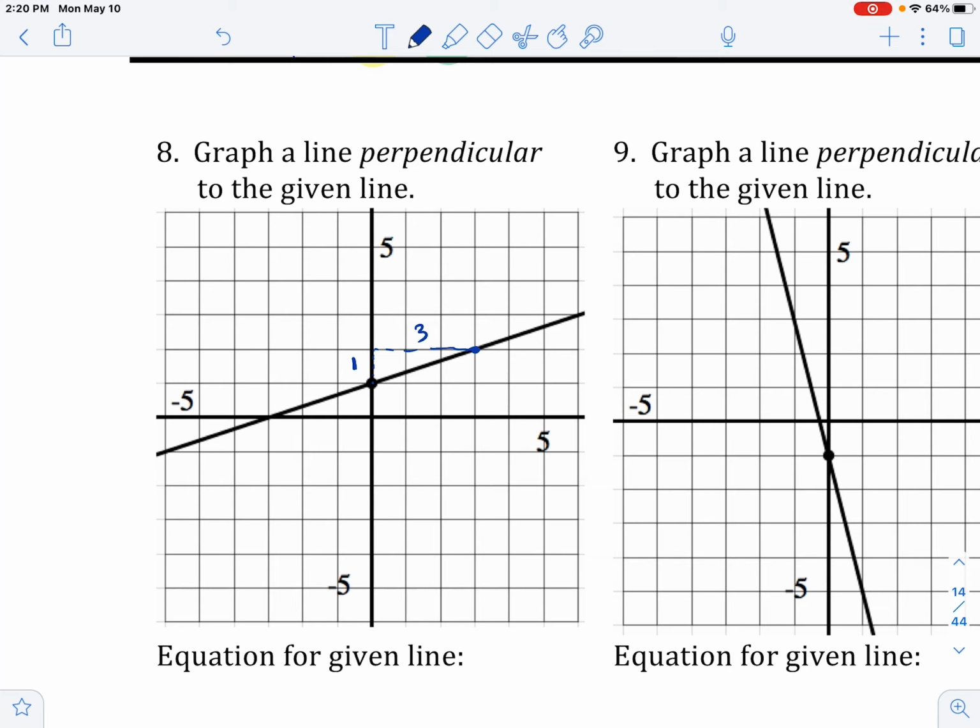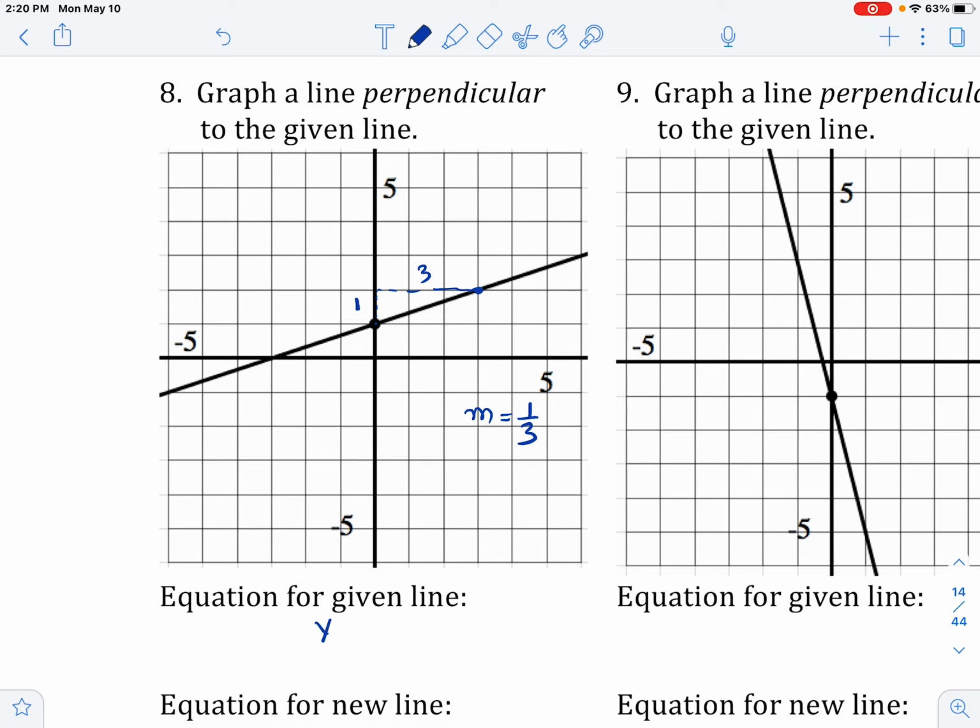So for that one, my slope is 1/3, 1 over 3, and the y-intercept is 1. If I have to write the equation, so y equal to what? That's going to be 1/3 x plus 1.